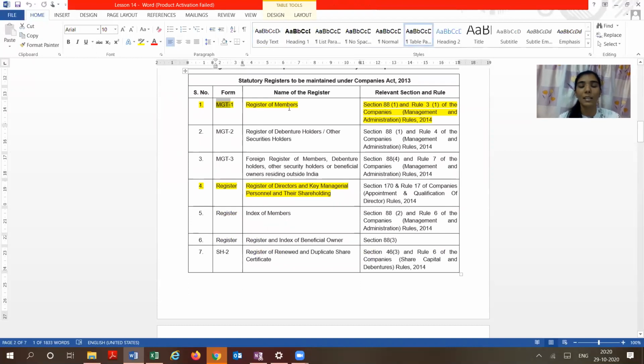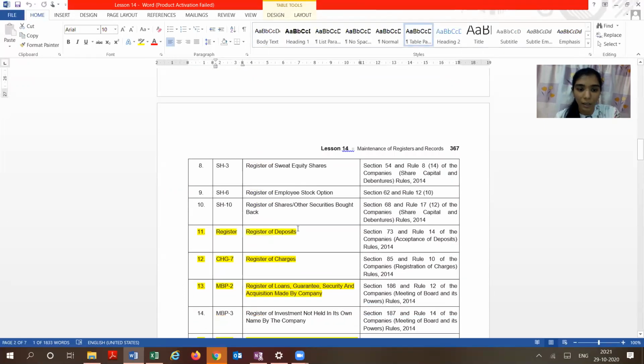These are a few important registers. Register of members means details of all the shareholders, etc. Then registers of directors and KMP would have the names of all the directors who resign, who are appointed, etc. Then there is a register of deposits, meaning all the loans and advances taken by a company have to be reported in this register.